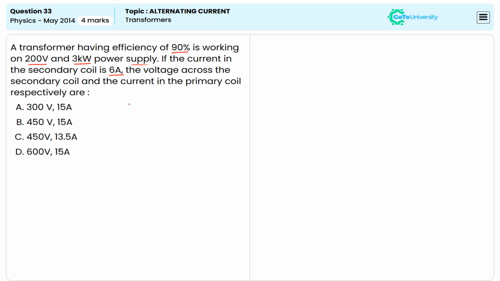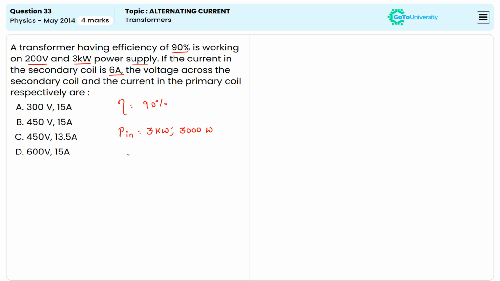Here the given data are: the efficiency of the transformer is η equal to 90%, and it is working at 200 volts and 3 kilowatt power supply. That means the power inlet is equal to 3 kilowatt, which we can write as 3000 watts.